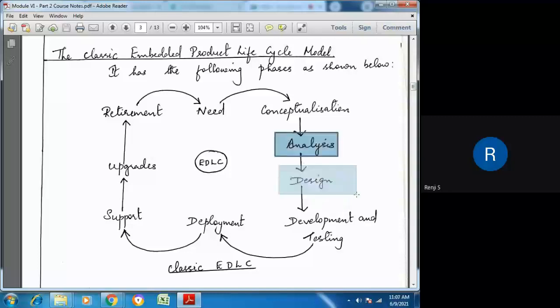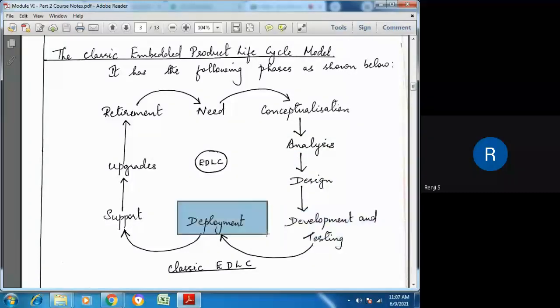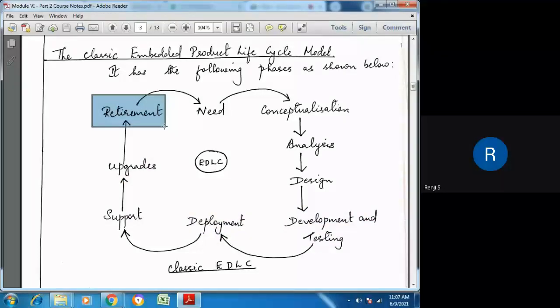Analysis, design, development and testing, then deployment, support. This is nothing but the maintenance phase, giving support, then upgrades and retirement. These are the 9 phases involved in EDLC. Is it clear to you?